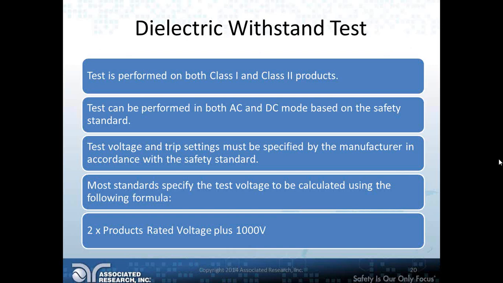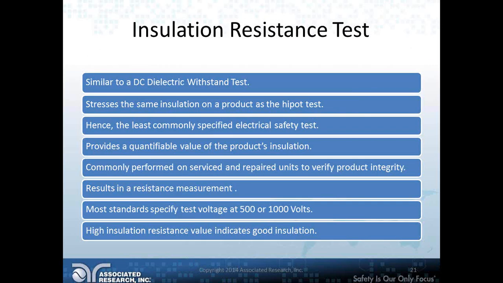Insulation resistance tests are always performed using a DC voltage. This is due to the real and the reactive current components produced as a result of the device's dielectric, and in this case, the dielectric of the device is the product's insulation. When a DC potential or voltage is applied to the DUT, it negates the reactive or imaginary current components caused by the product's capacitance and allows the insulation resistance tester to perform a true real current measurement.